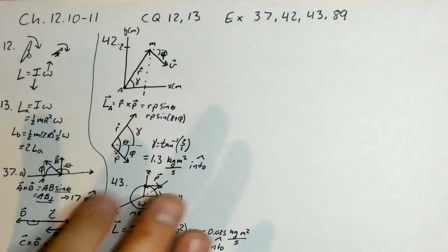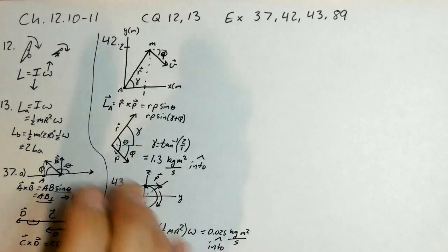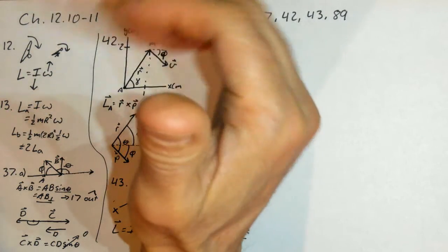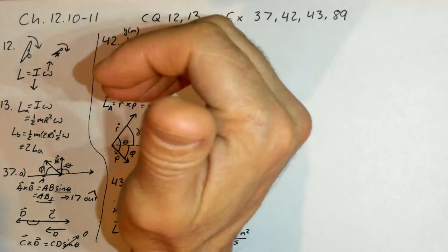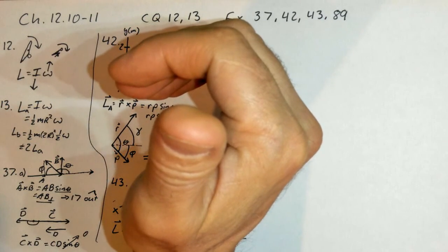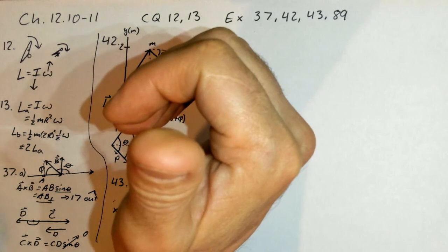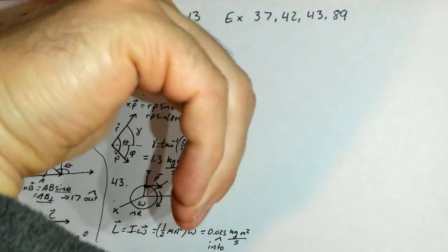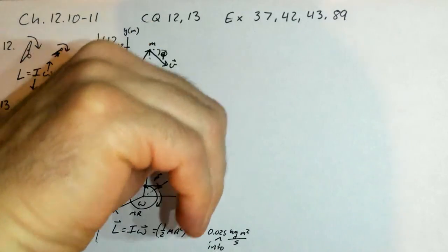Now, often for rotational things, it's easier to use a different right-hand rule. Your thumb is a straight thing and your fingers can curl. What you do is you curl your fingers in the direction of rotation and your thumb will point in the direction of the cross product, or in this case the angular momentum. And so this thing is curling this way, which means my thumb is constrained to point down, or into the page.